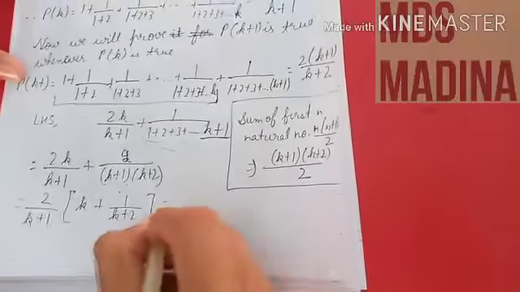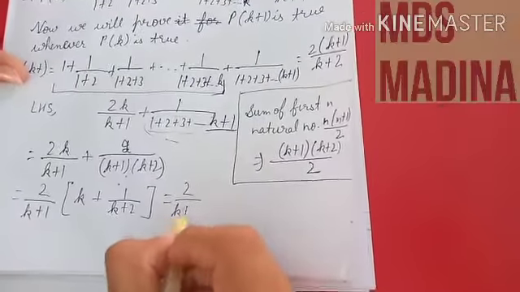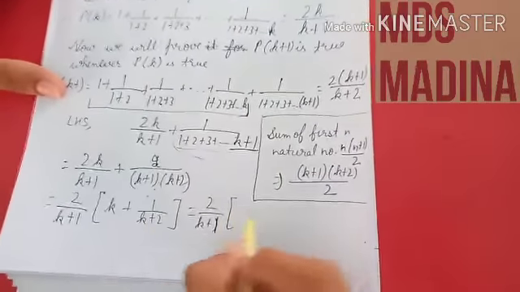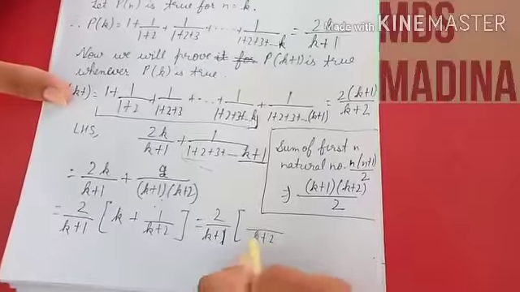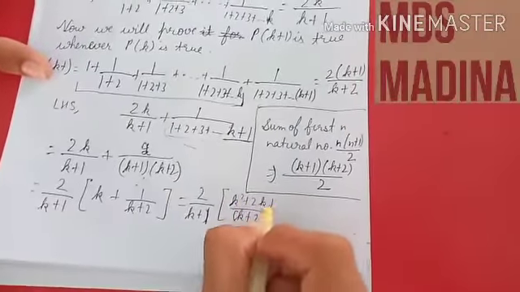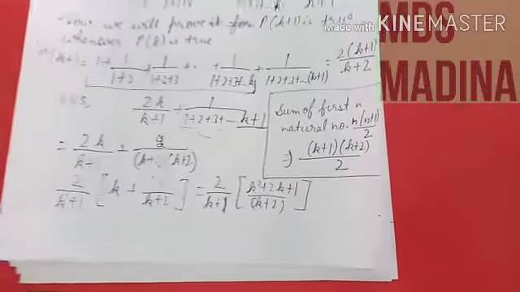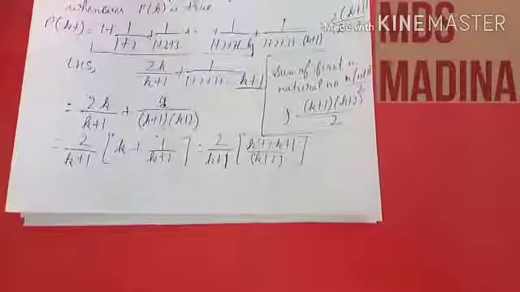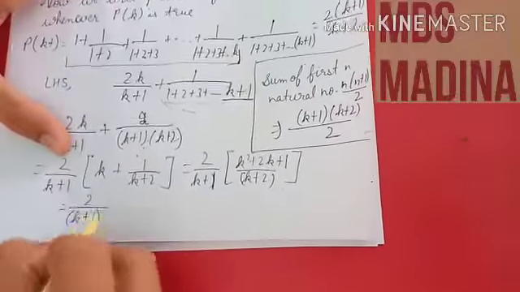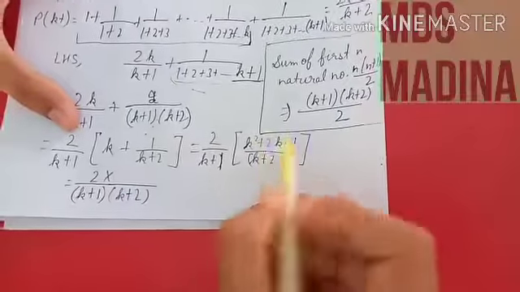So this will be 2 by k plus 1. Now taking LCM as k plus 2, we will get k square plus 2k plus 1. Understood till here? So this will be 2 by k plus 1 into k plus 2 into, what is this?